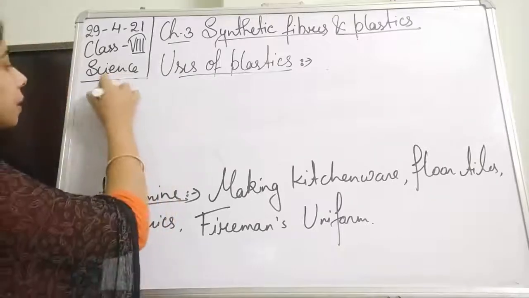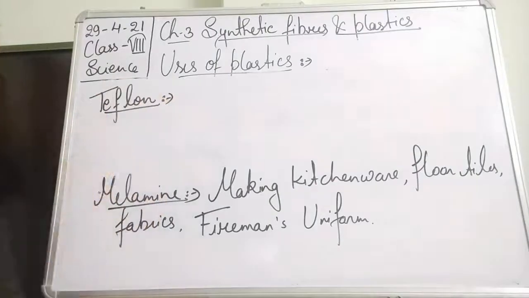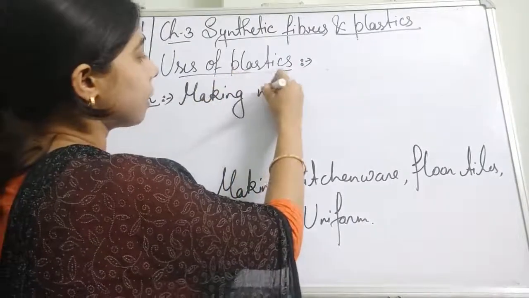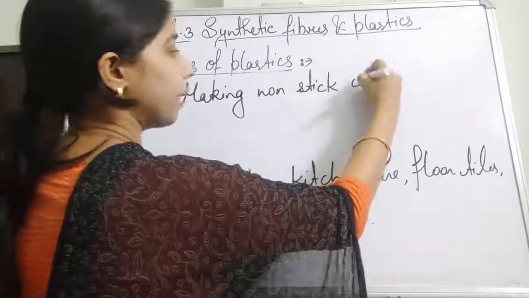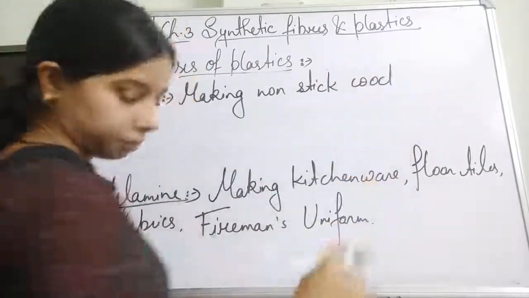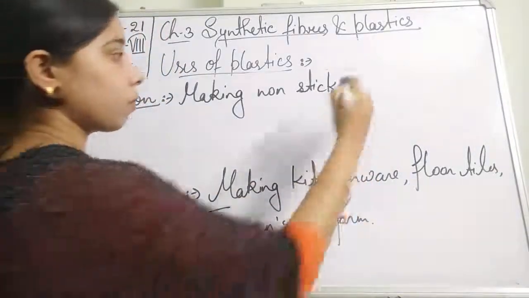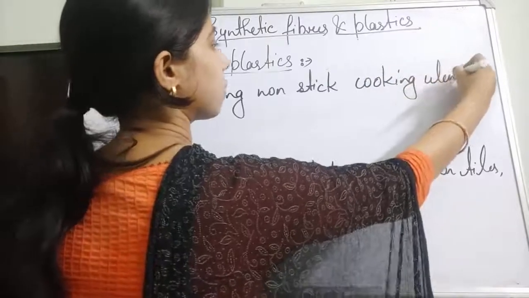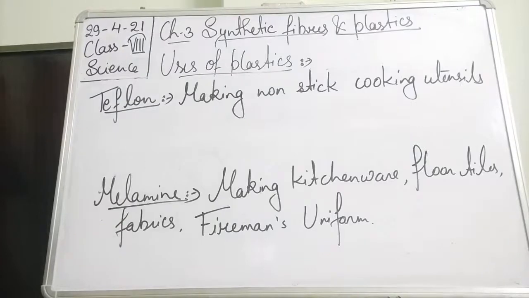So we can say here that Teflon is used for making non-stick cooking utensils.